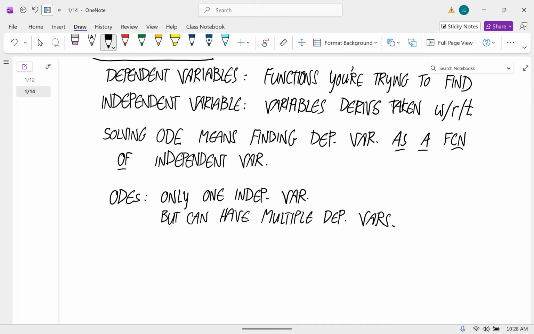With partial differential equations, you also can have multiple dependent variables, but you also have multiple independent variables. Okay, so for us, the independent variable is almost always time.